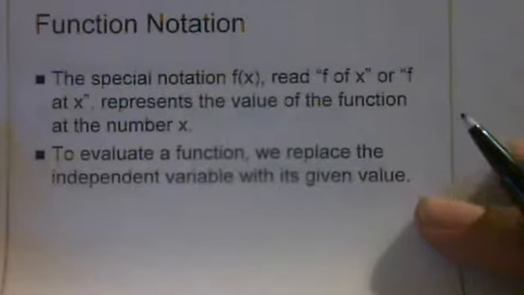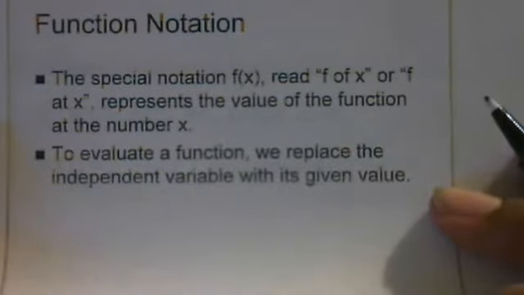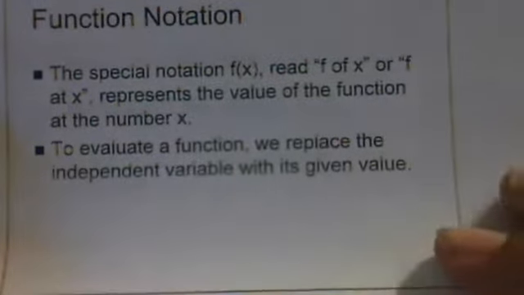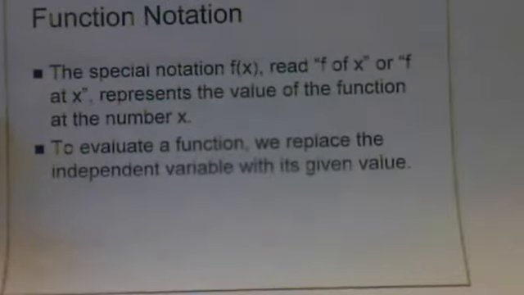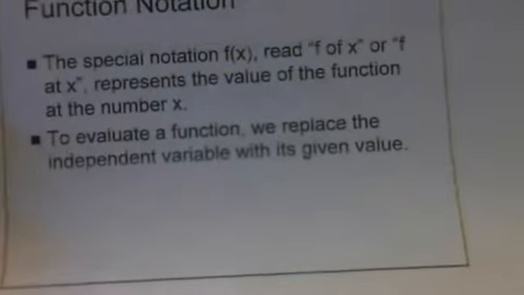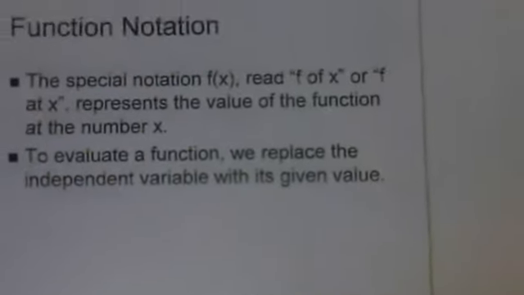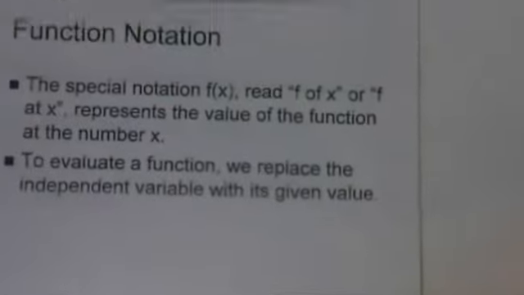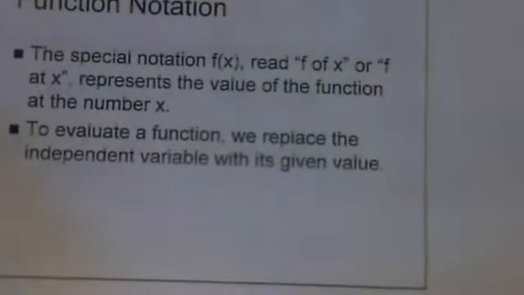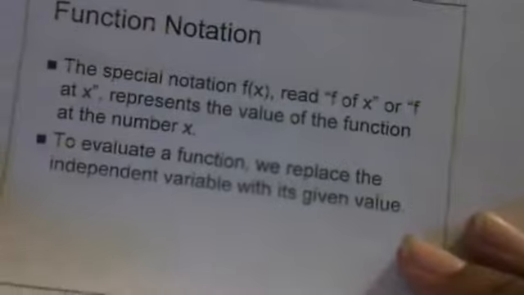That represents the value of the function at the number x. And when we evaluate a function, we replace the independent variable with this given value. So when it's written in function notation with f of x, usually the number will be given inside the parentheses. And you want to replace that x with that value that's in the parentheses.